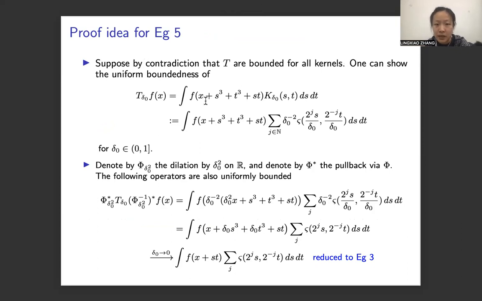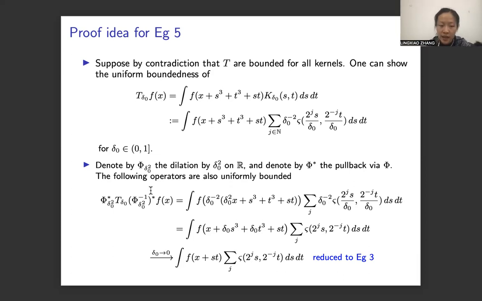So this is our gamma, x plus s squared plus t squared plus st, and we choose our kernels K sub delta naught to be a summation over j in delta naught to the -2, where delta naught is a number between 0 and 1, multiplied by the smooth bump function sigma, first dilated by 1 over delta naught, and then dilated by 2 to the j and 2 to the -j.